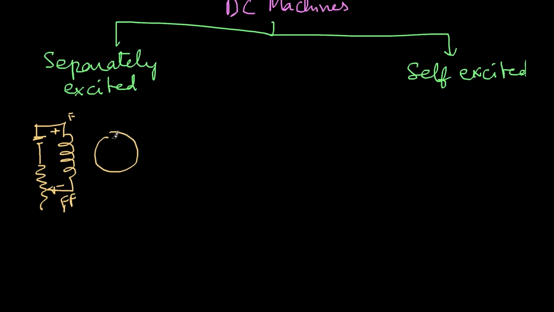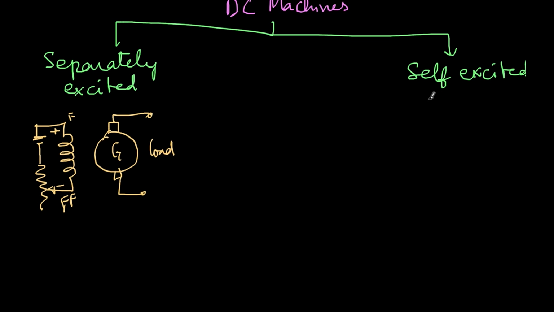And then there is the armature winding denoted by this circle and brushes. This is a generator and then the load is connected here. So this is separately excited. The voltage of the field can be different from the voltage of the load. When I say load, it is an electrical load, because a generator will have an electrical output.